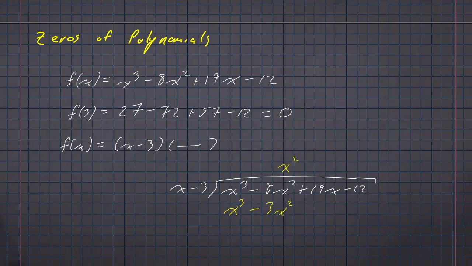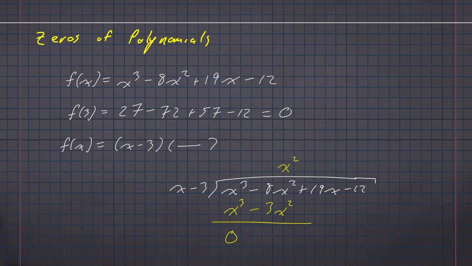Now here's the trickiest part of the process. Just like long division of numbers, when you're doing long division on polynomials, you want to subtract. X cubed minus x cubed is 0. The lead coefficients always have to subtract off and become 0. If they don't, you've done something wrong.